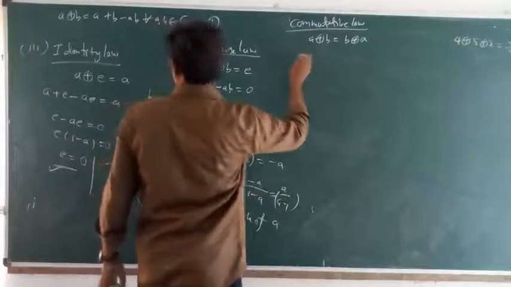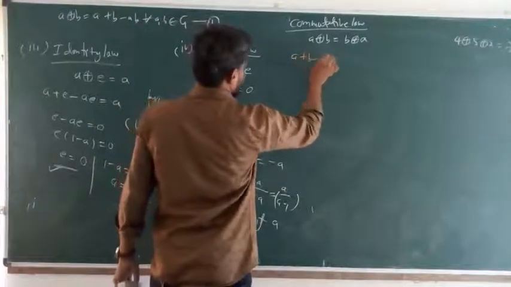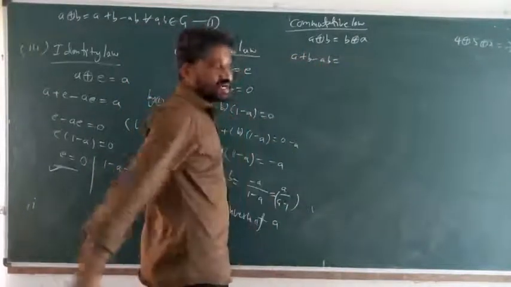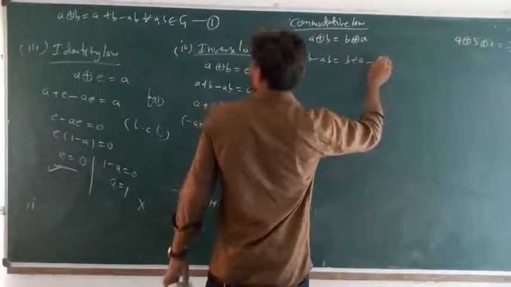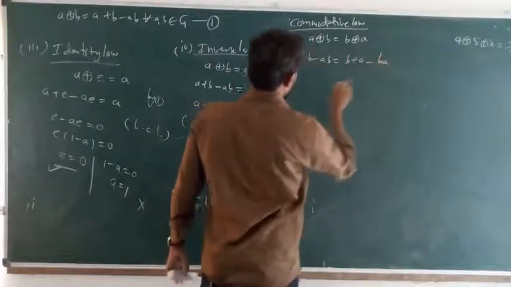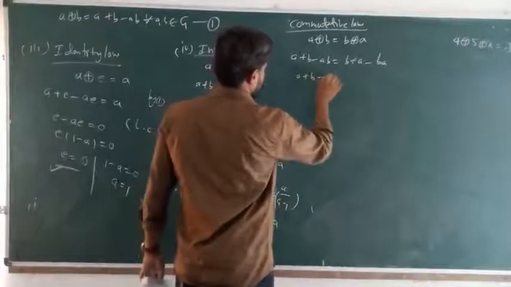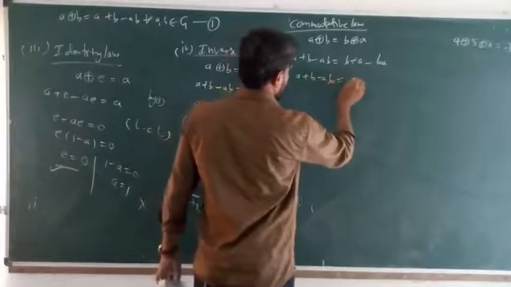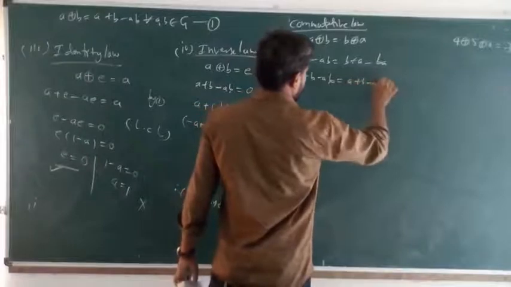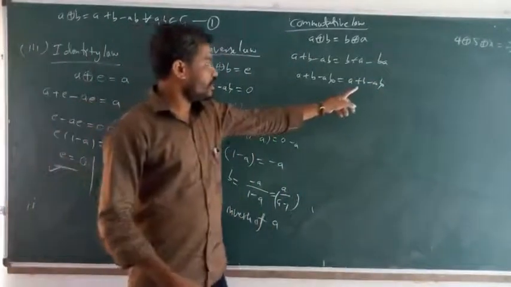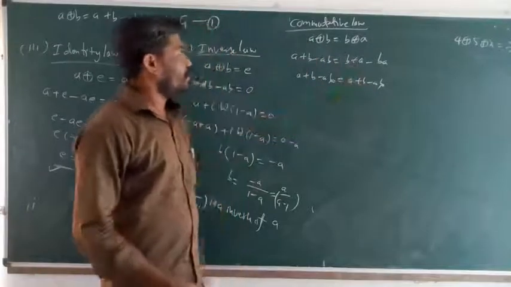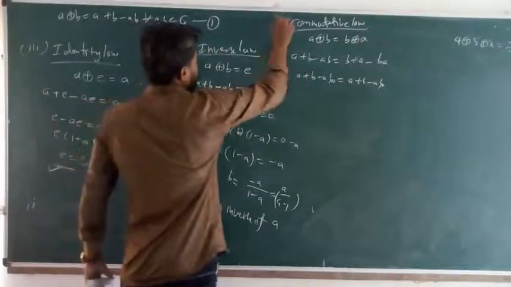A direct sum B means A plus B minus AB. B direct sum A means B plus A minus BA. Nothing but A plus B minus AB is equal to A plus B minus AB. So both are equal. So the commutative law is satisfied.